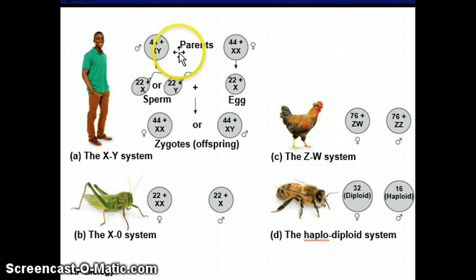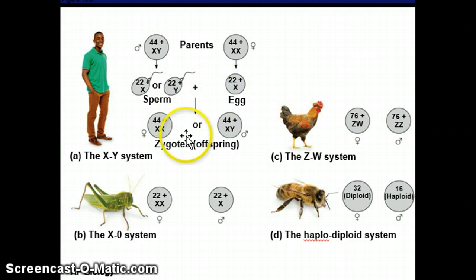And then when these cells go through meiosis, we end up with gametes that still have the autosomal chromosomes. This time we've gone to half of the 44, so we have 22. And then we have one of the sex chromosomes. So in this case, the sperm are going to either carry an X or a Y chromosome, whereas all of the eggs are going to carry an X chromosome.